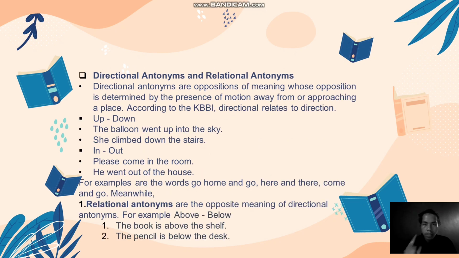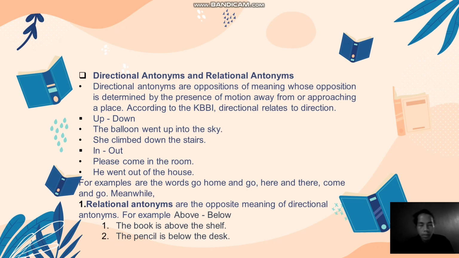Plus, directional antonyms and relational antonyms. Directional antonyms are opposition of meaning whose opposition is determined by the representation of motion away from or approaching a place. For example, up and down: the ball went up into the sky, she climbed down the stairs.